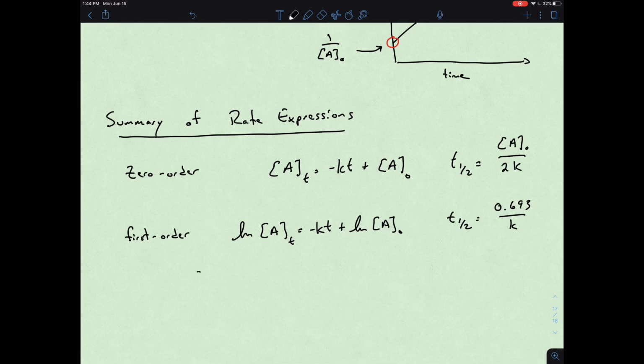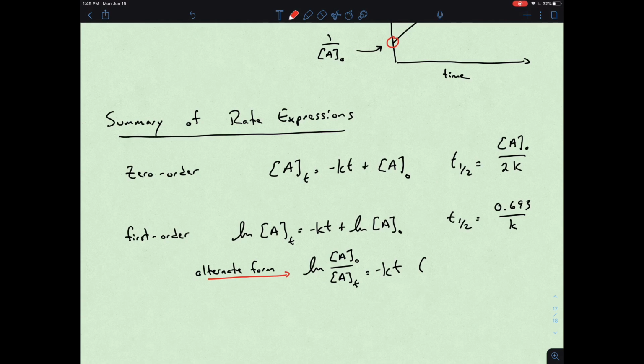Sometimes we see an alternate form, which is the natural log of A naught over A sub t is equal to negative kt. I just manipulated that first order process as far as the linear fit is concerned.